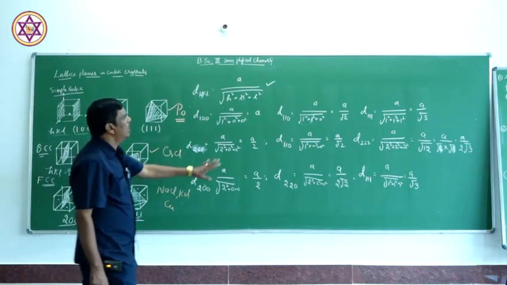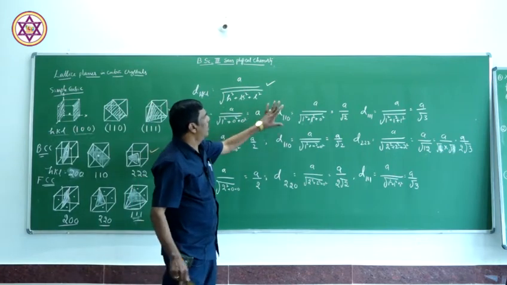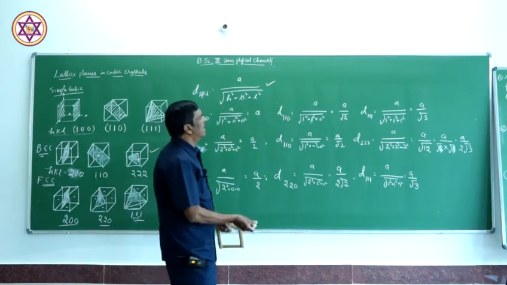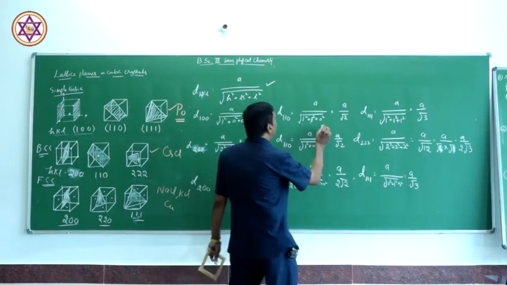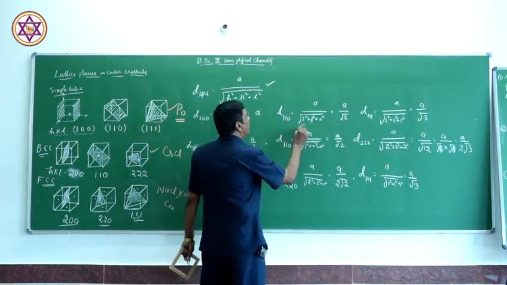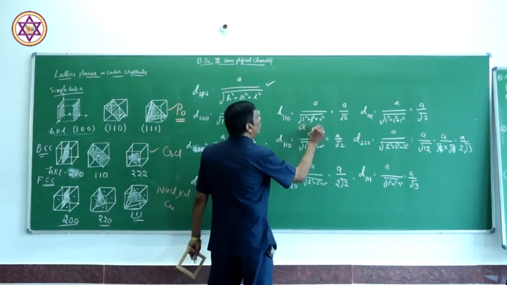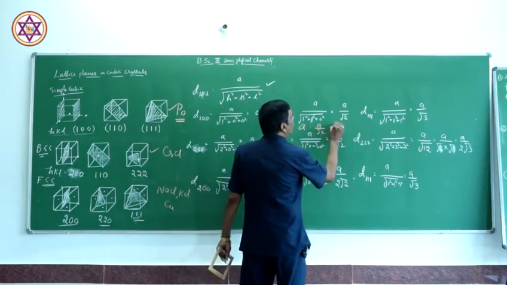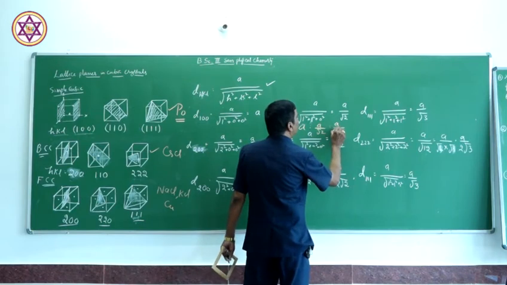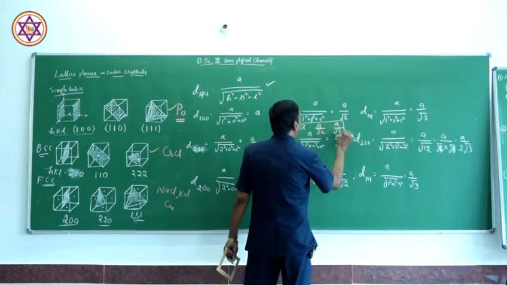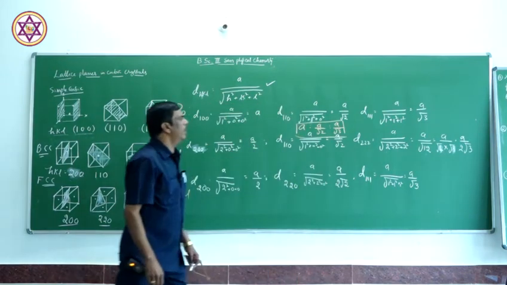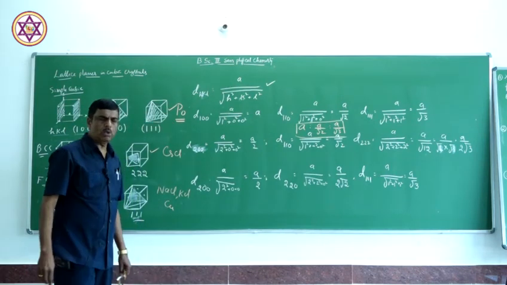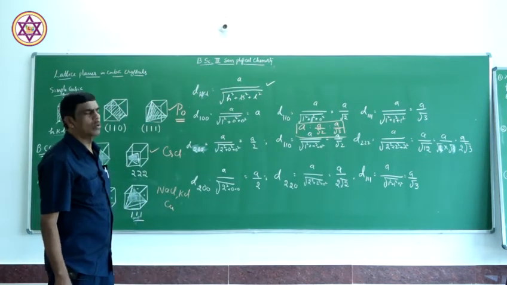For example, for the simple cubic lattice, the ratio becomes a by a is to a by root 2 is to a by root 3.